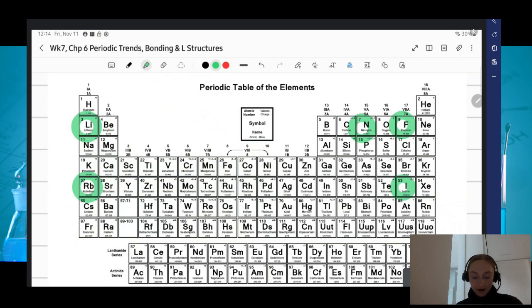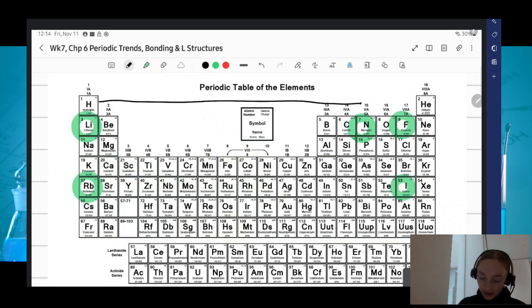Whenever we are trying to find the atomic radius, we have to correlate that with the electronegativity. If it has a stronger electronegativity, then it is able to pull its electrons closer to the nucleus, and that makes it smaller. So moving to the right of the periodic table, it is going to become smaller.